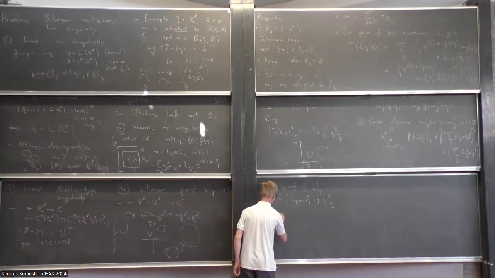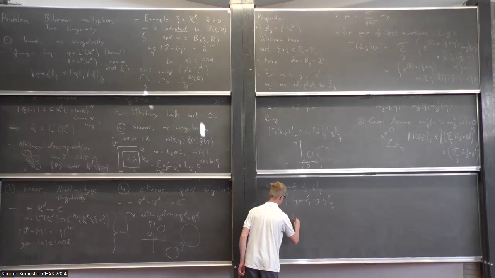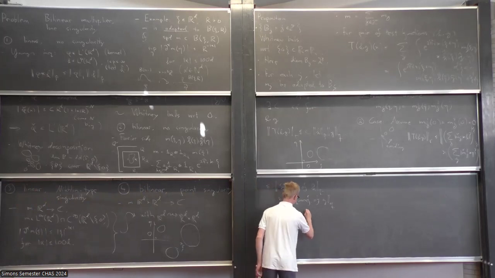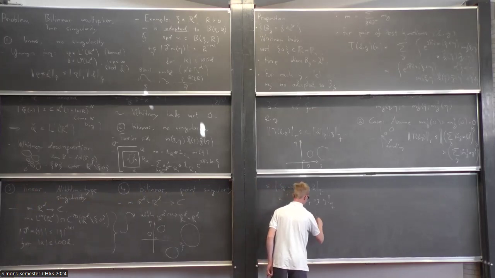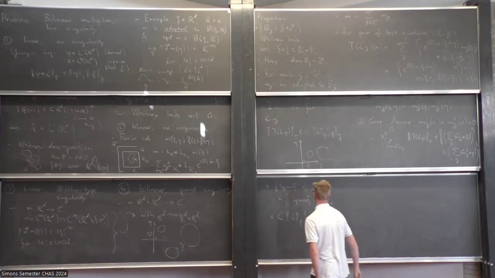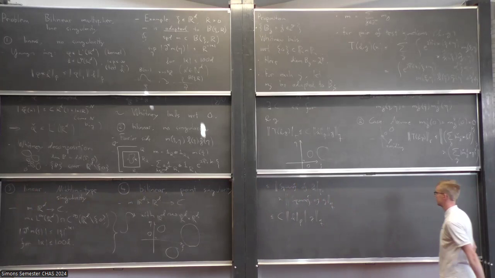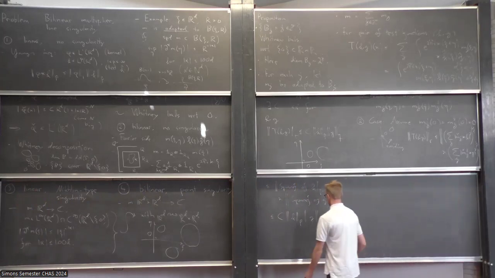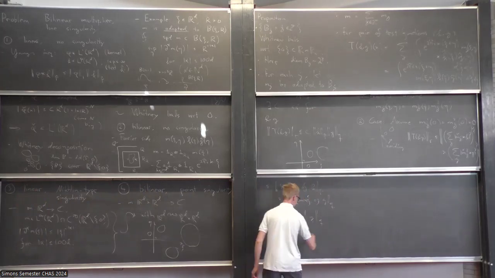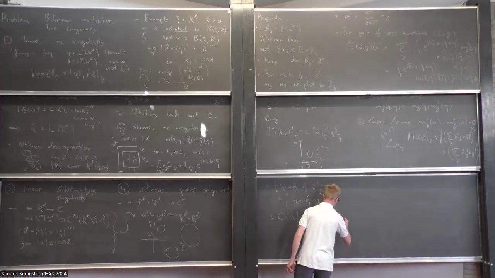So here I can say that I have a constant times f and g. So this case, where we are avoiding both axes, is easy. It follows just by the Fourier series. This case is now done.